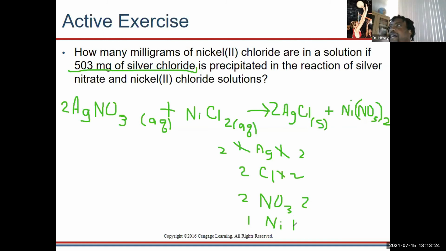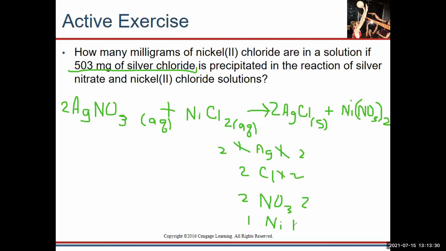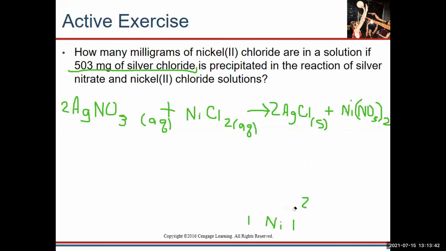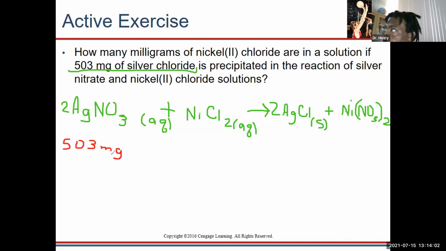Okay, so now that we have a balanced equation, we can use this to determine, we can use our given. Alyssa told me that it was 503 milligrams of silver chloride, AgCl.